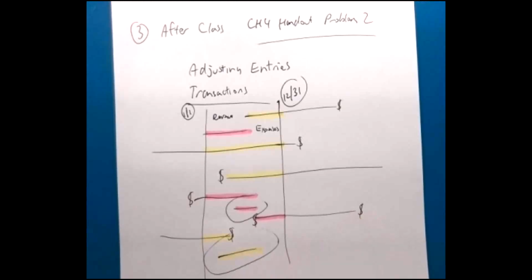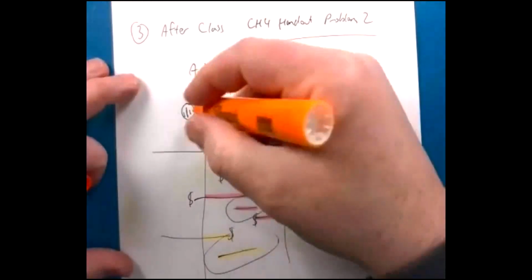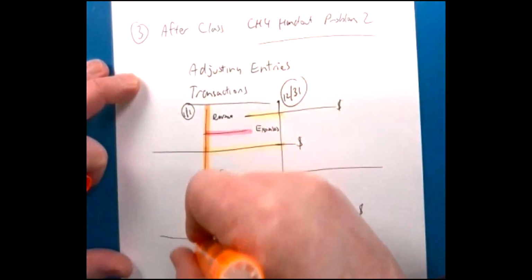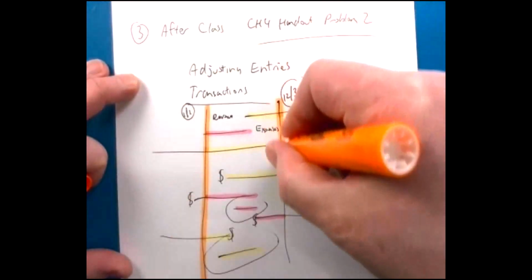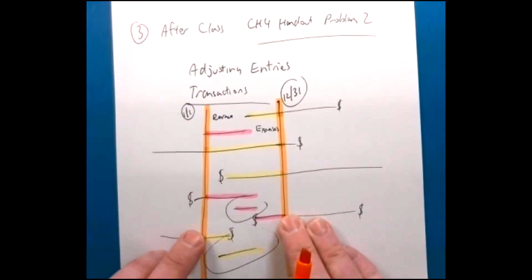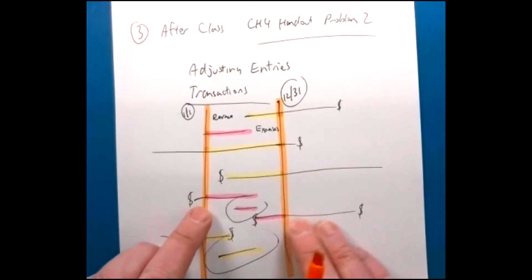So if you actually look on the line here, there is no cash being paid at the beginning or year end.